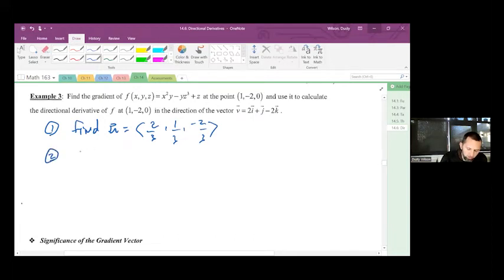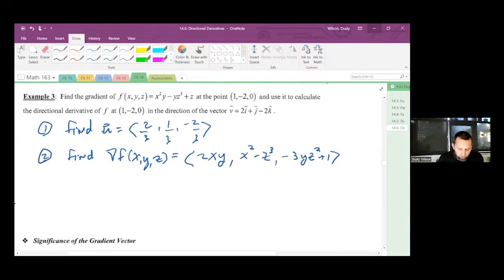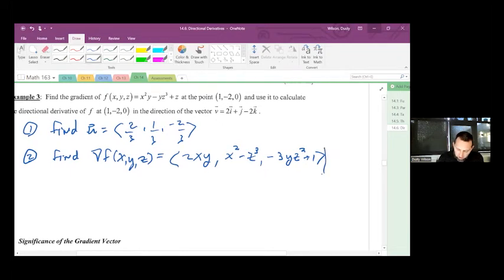Second, we need to find the gradient of f. This will be 2xy, and then x squared minus z cubed, and with respect to z, minus 3yz squared plus 1. And we could evaluate this at 1, -2, 0.